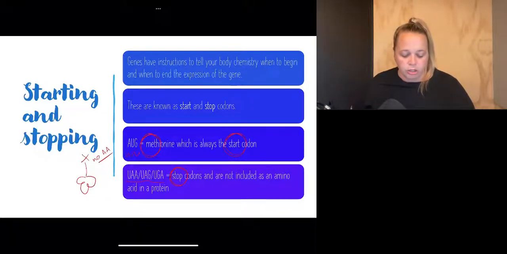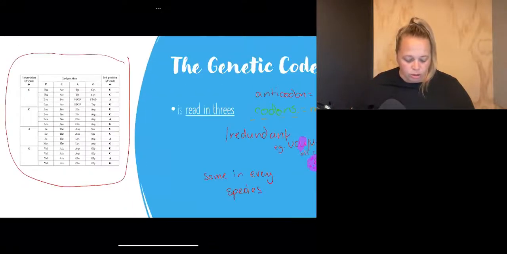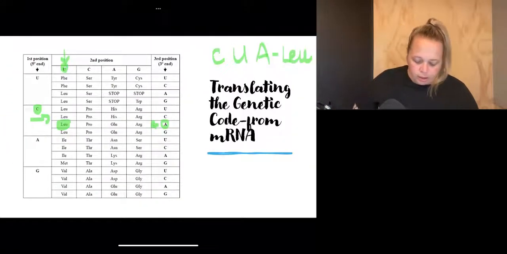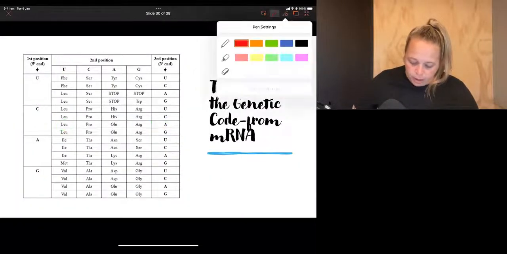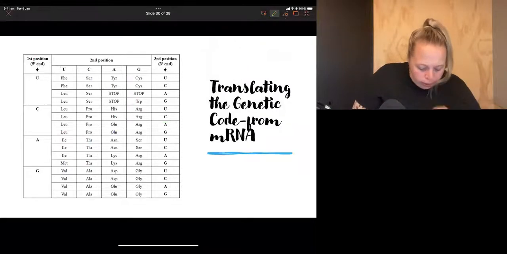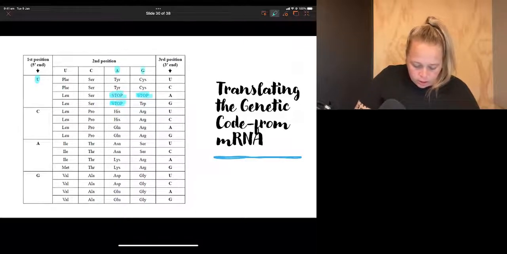So when I said you don't need to remember these particular base combinations, I'm just going to go back here and show you. You can see on this table here that we have stop codons, which would be UAA and UAG and UGA.